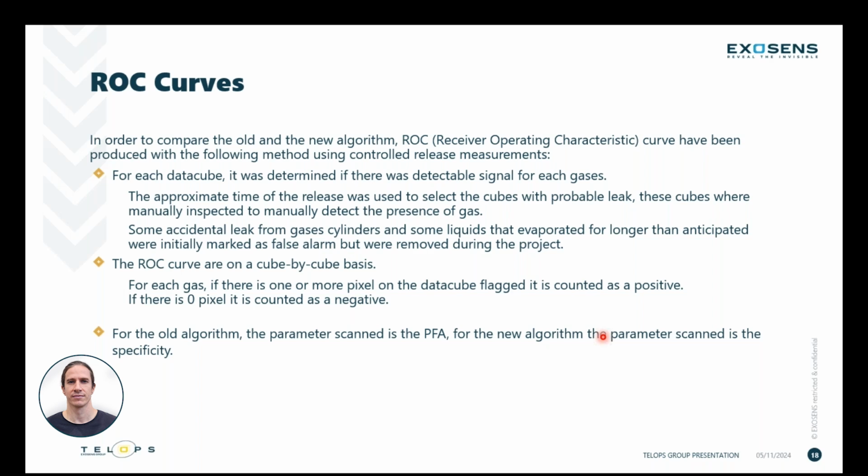We do detection for a data set with different parameters, and we look at how much true positive we have versus how much false positive we create. So the ideal ROC curve would have all true positives and 0 false positives.